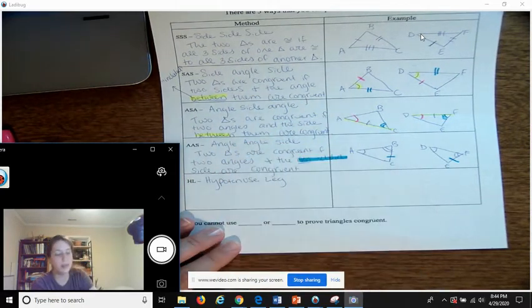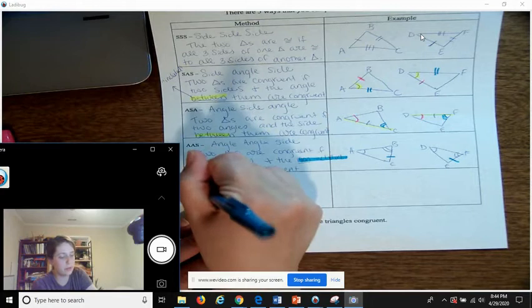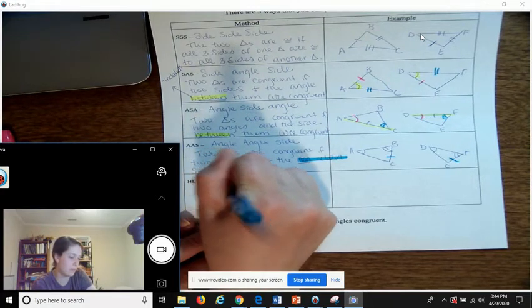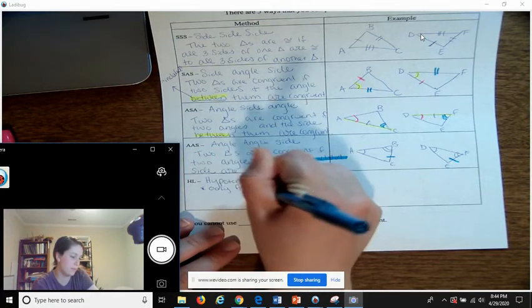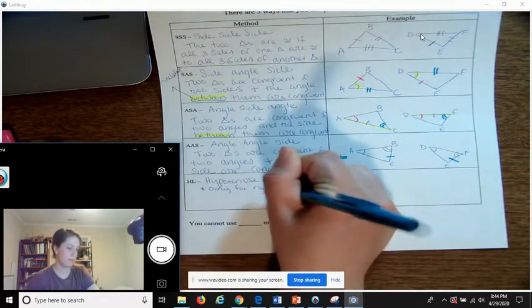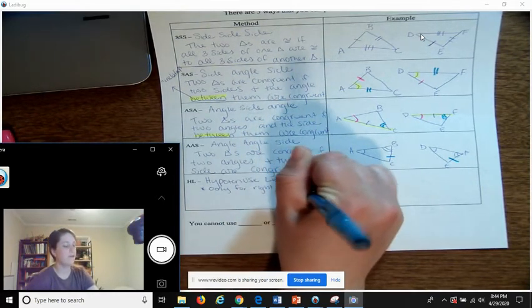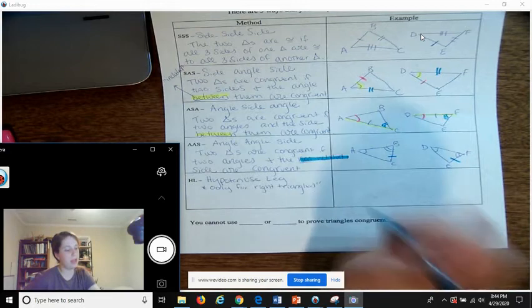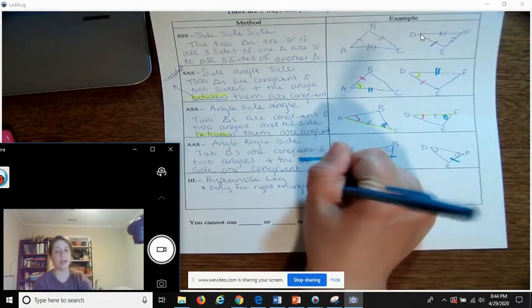Okay, this is only for right triangles. If you forgot what that means, that is a triangle with a 90-degree angle in it.